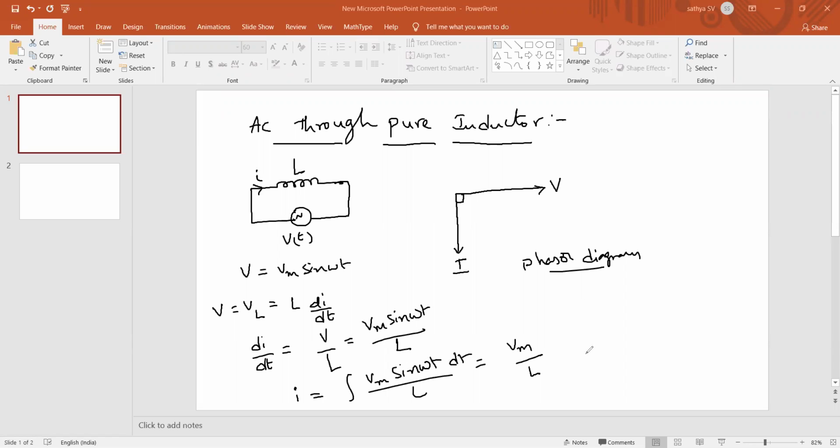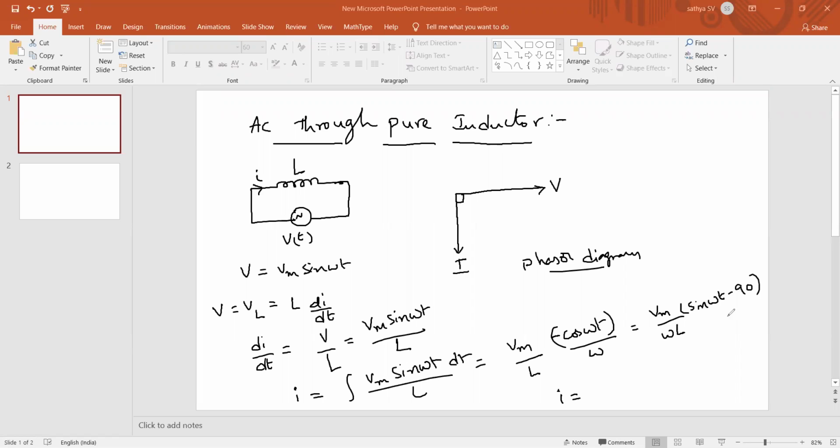Cos omega t by omega. Minus, sorry, minus cos omega t by omega, very good. So now Vm by omega L and minus cos omega t, shall I write it like this as sin omega t minus 90? Both are the same. Sin of theta minus 90 is minus cos theta, right?